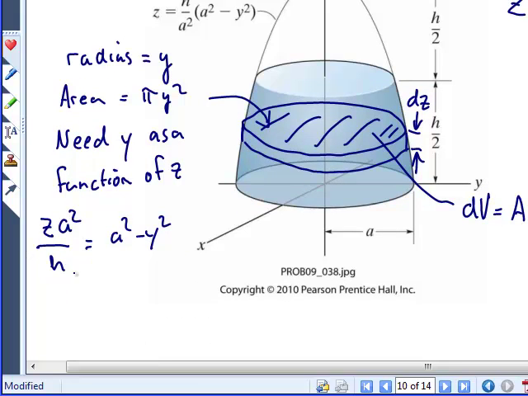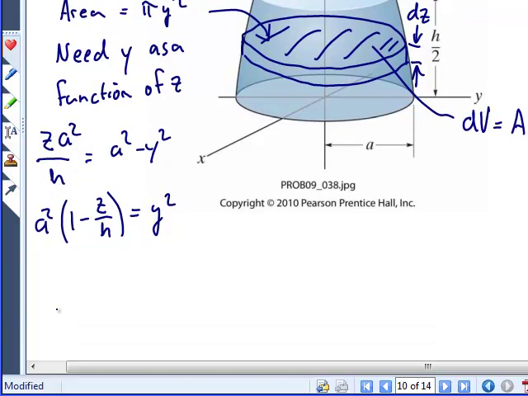Okay, actually I'm going to go a squared times 1 minus z over h equals y squared. Right, a times the root of 1 minus z over h equals y. Okay. So that is going to be used in there.